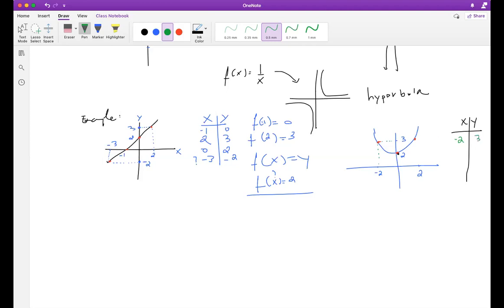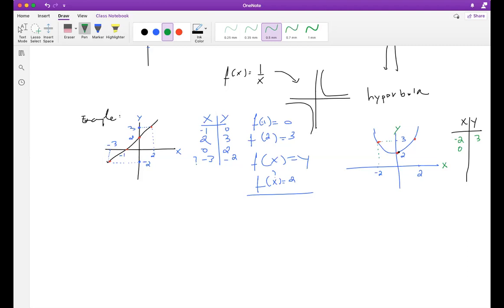Yeah, +3. Okay. What about this point here? What's the X? 0. X is 0. That's right. And what about the Y of this point? 2.